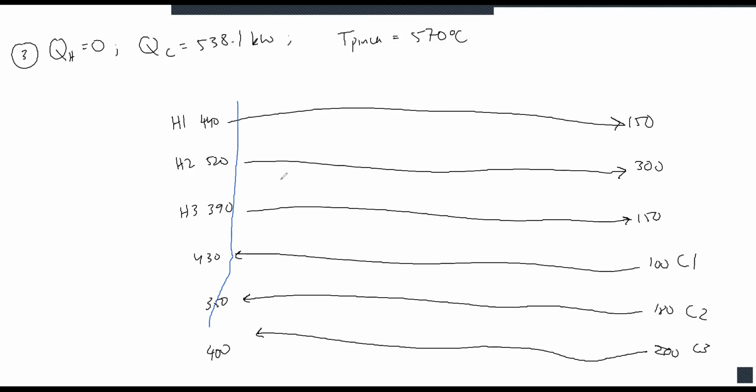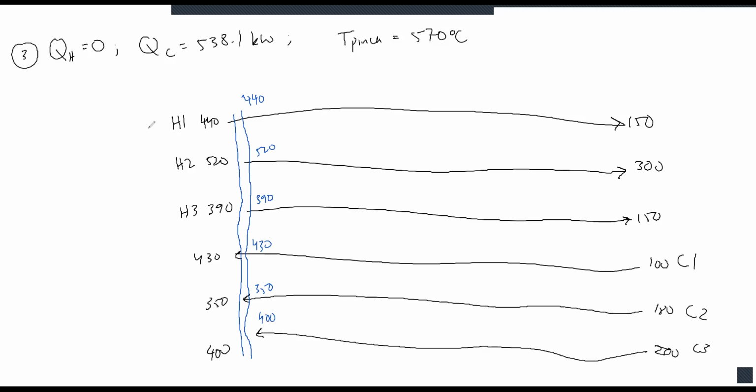Let's try to draw this line properly. Here we go. This will be 440, this will be 520, this will be 390, this will be 430, 350, 400, because all of these temperatures are significantly lower than our pinch temperature of 570.